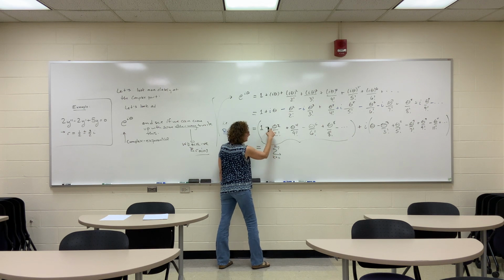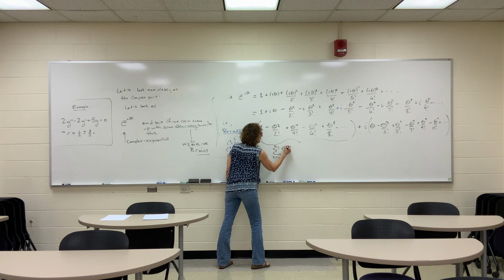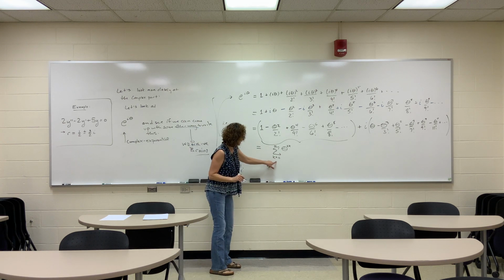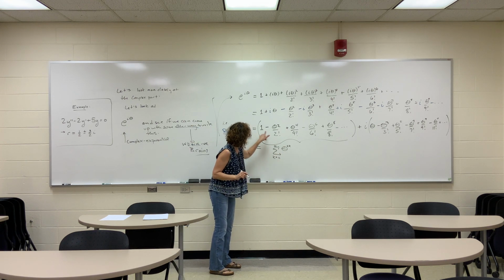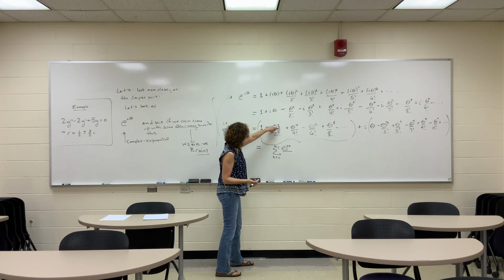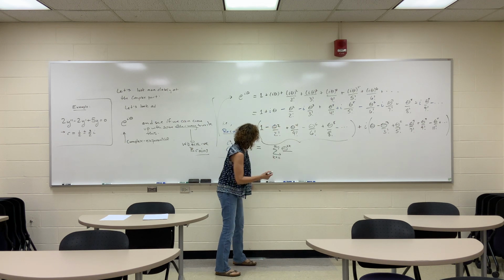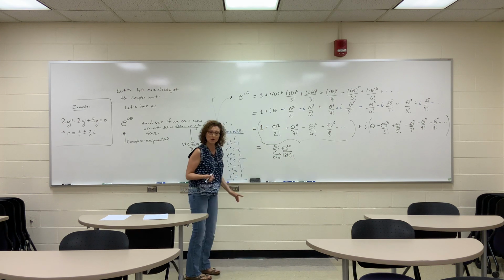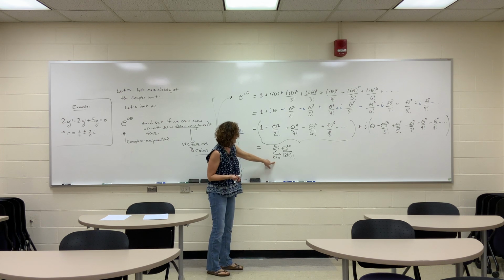Well, I've got even powers of theta, so theta to the 2k is even. Start at k equals 0, theta to the 0 is going to give me 1, divided by, well, I need that number to be the number factorial, so that's the quantity 2k factorial, even number factorials.